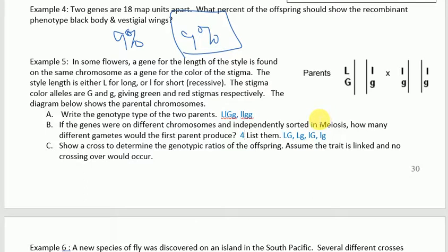Show a cross to determine the genotypic ratio of the offspring. Assume the trait is linked and no crossing over would occur. Okay, so now we are going to have this crossover between parent 1 and parent 2.